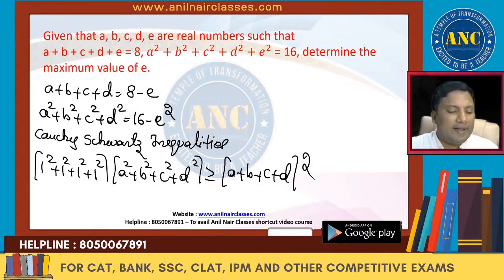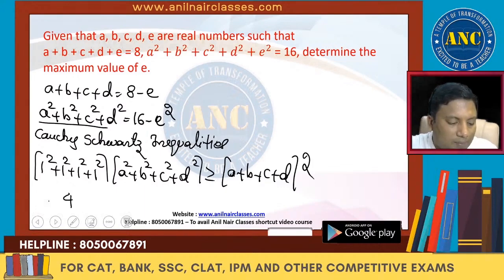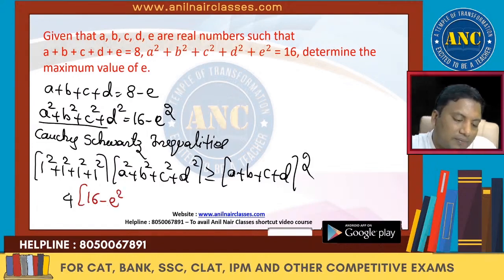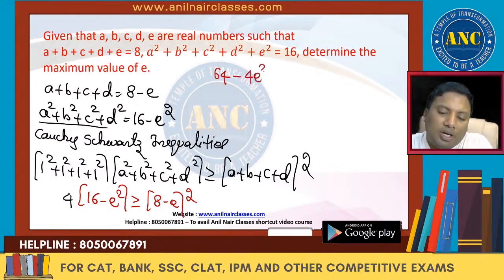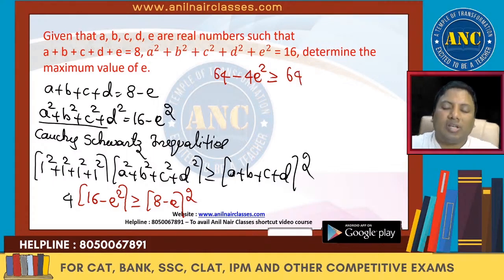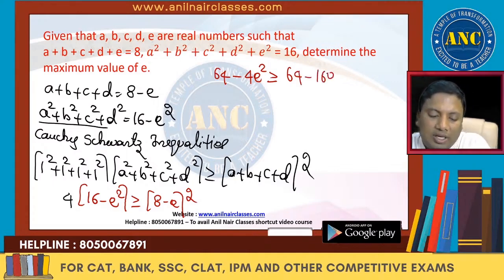These are nothing but 4 times a square plus b square plus c square plus d square, which is 16 minus e square, greater than or equal to 8 minus e whole square. So 64 minus 4e square is greater than or equal to 64 minus 16e plus e square. 64 can be cancelled.